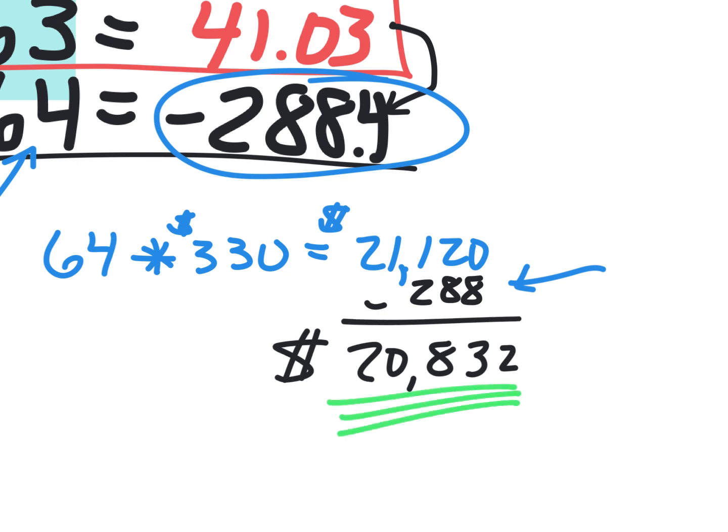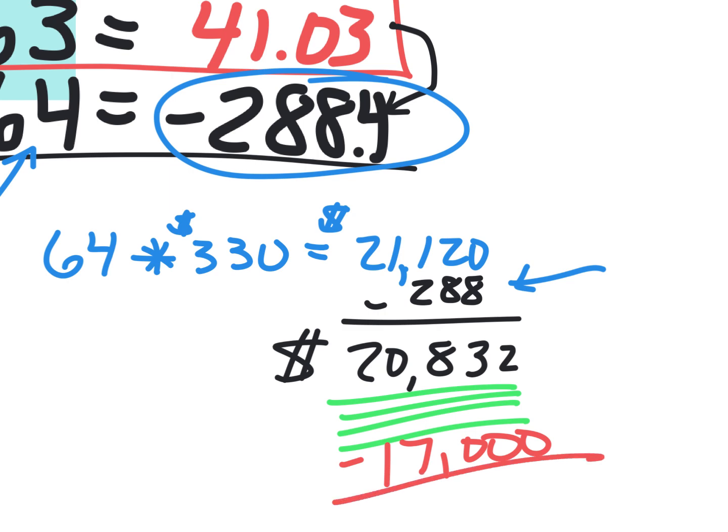But wait, didn't we borrow only $17,000, but we ended up paying them way more? Because of interest. So if they ask you how much interest did you pay, you subtract off what you thought you were borrowing in the first place, and that will tell you how much interest.